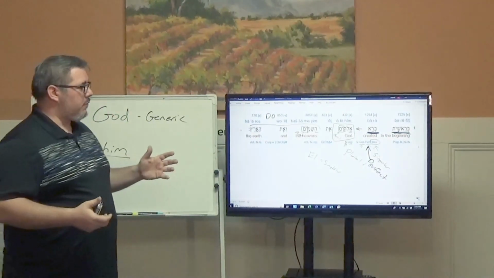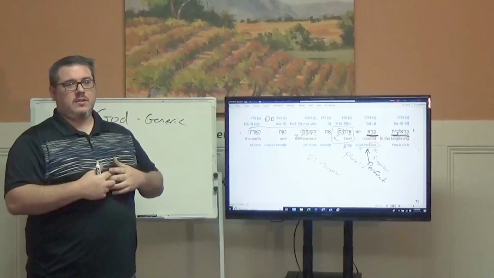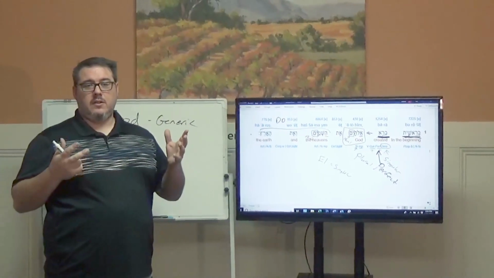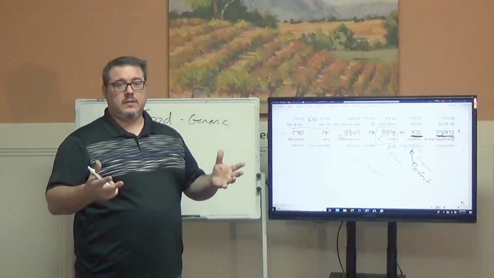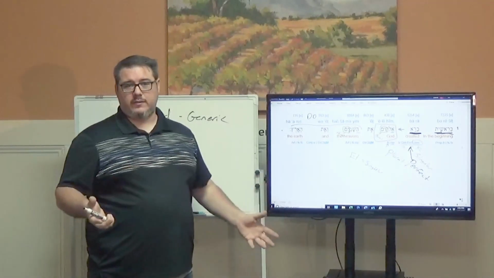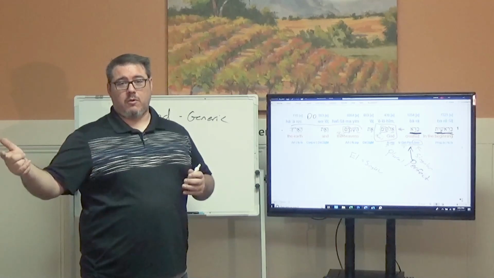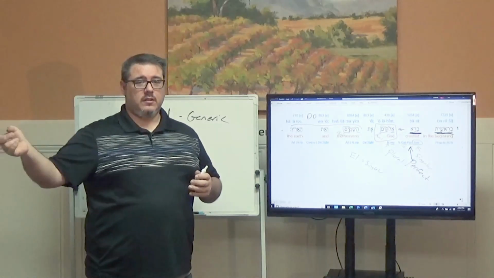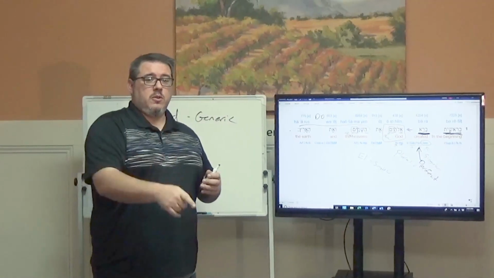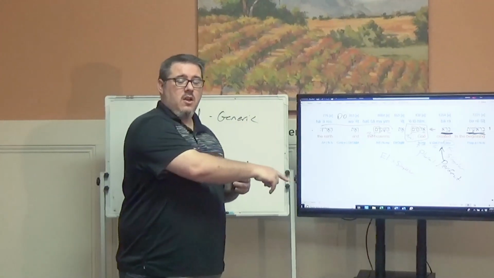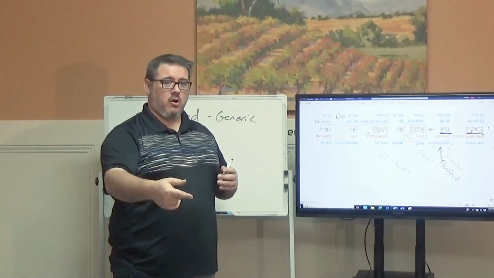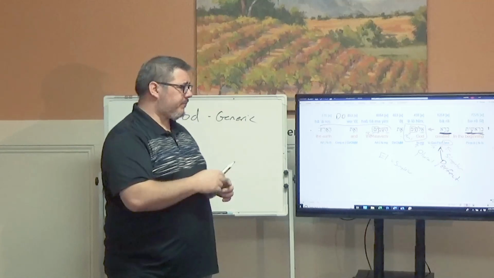So, if we were going to say, Jane threw the ball, we can say it a few different ways. We can say, Jane is going to throw the ball, future tense. Jane threw the ball, past tense. Or Jane is throwing the ball, present tense.